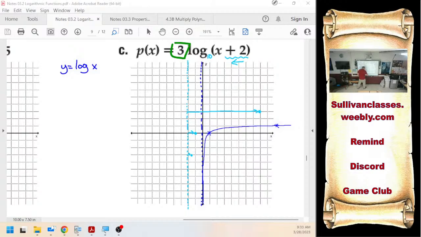Your graph will be vertically stretched, taller. Okay, normal log of x takes off very sharply. This just got bent upwards. Okay, stretched up.